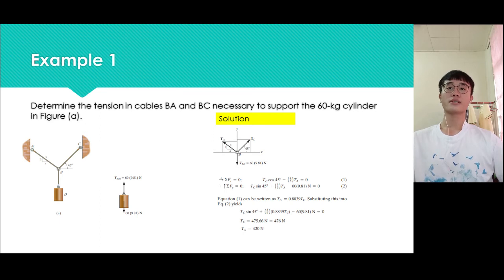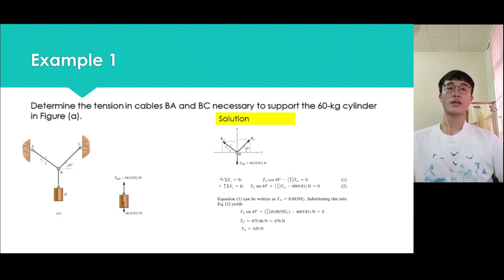The summation of x and y is equal to 0, so we have to resolve TC into its x component and minus the x component of TA. Since both of them are in opposite directions, one of the terms must be negative.